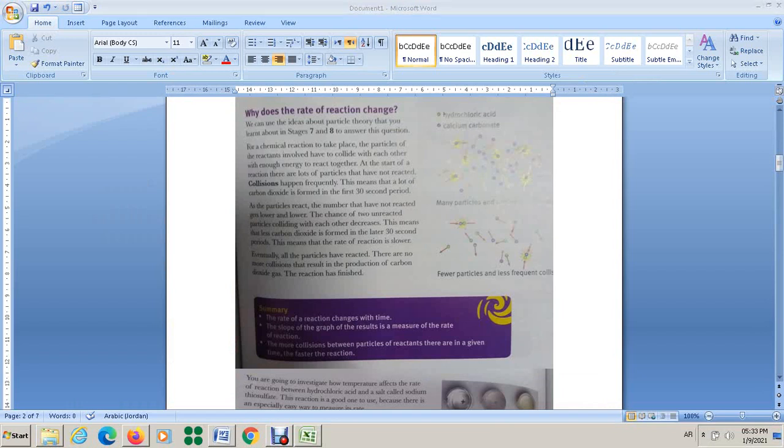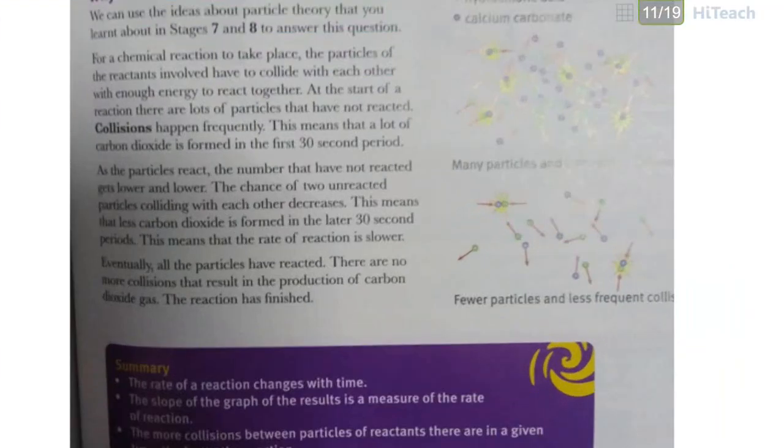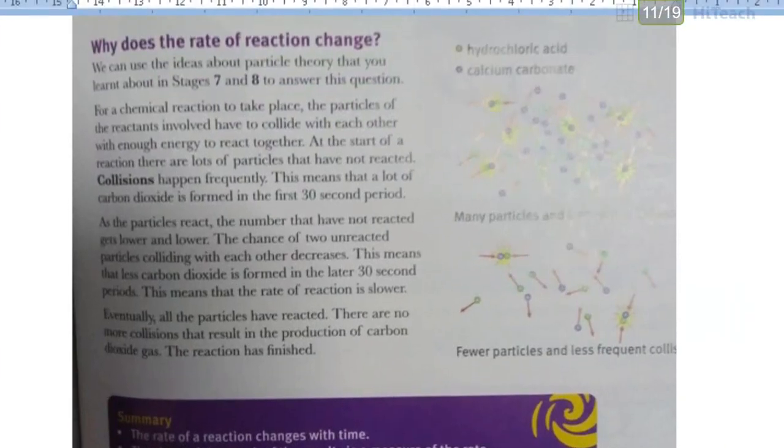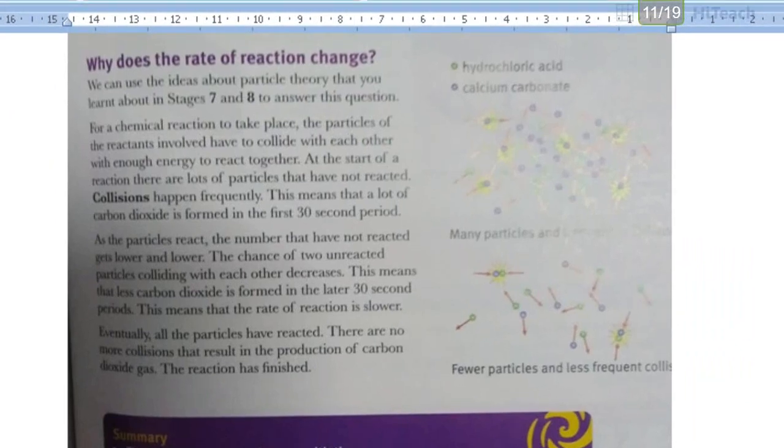Let's continue here. We want to talk about why the rate of reaction changes with time. To understand this, let's study the same reaction between hydrochloric acid and calcium carbonate.